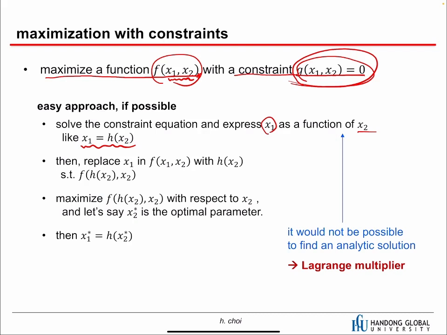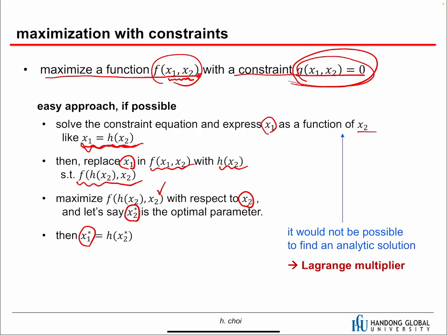Then we can replace x sub 1 in this function with this, so now we have only x2 as a variable. It's a simple problem. So we can maximize this with respect to x sub 2, find the optimal value for x sub 2, and then reuse this function to find the optimal value for x sub 1. So this is a simple case.